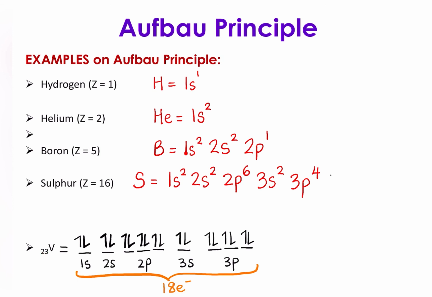So, next, selepas 3p adalah orbital 4s. So, 4s, satu garisan sebab satu orientation. And after that, saya isi 2 elektron. So, saya dah ada 20. Saya masih ada baki 3 lagi. So, next, after orbital 4s, kita ada orbital 3d. 5 orientation, that's why kita ada 5 line.